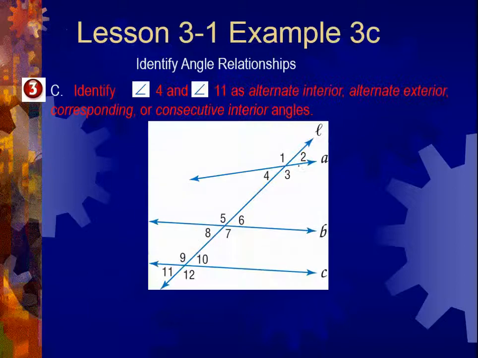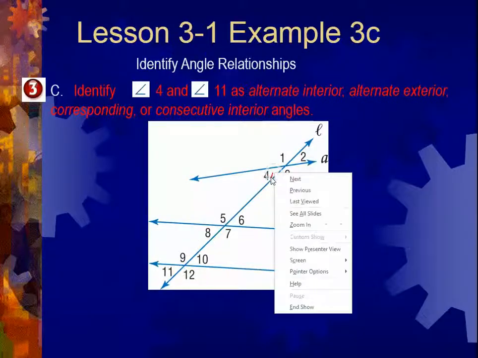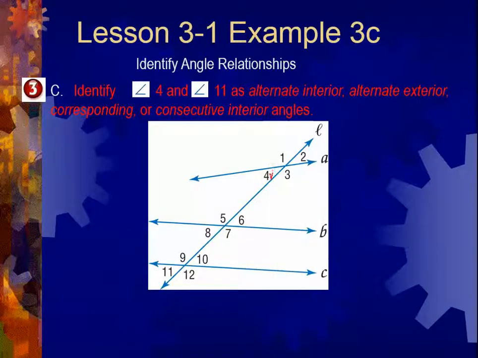One more, we got angle 4 and angle 11 here. So again, this is insignificant. Forget about it, block it out, it doesn't matter. All we're doing is looking at line A and line C and how that transversal cuts through those two lines. So they're both on the left-hand side, so they're not going to be alternate.